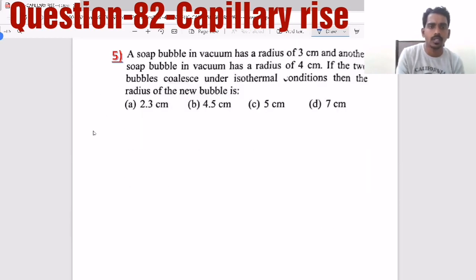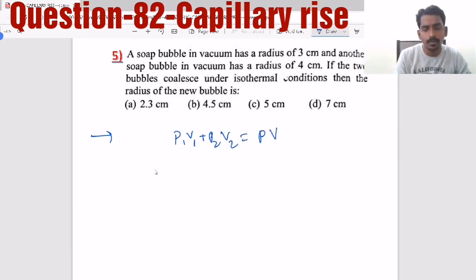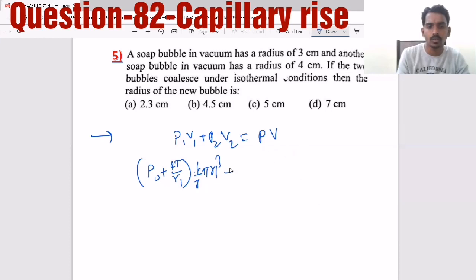Now one last and final question. A soap bubble in vacuum has a radius of 3 centimeter and another soap bubble in vacuum has a radius of 4 centimeter. If the two bubbles coalesce under isothermal condition, then the radius of the new bubble. Under isothermal condition means P1 V1 plus P2 V2 equal to P into V, where P1 means pressure inside the first soap bubble, that is P naught plus 4T by R1 into 4 by 3 pi R1 cube.